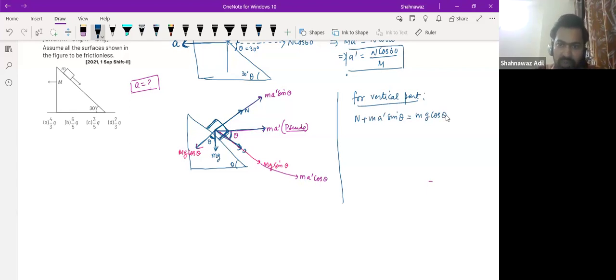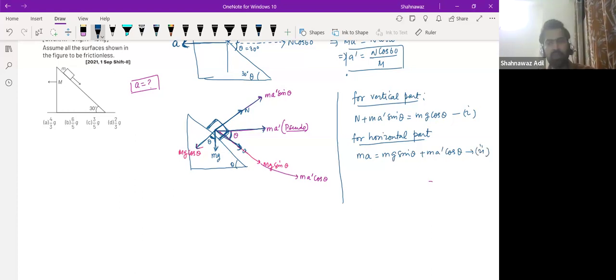This is the first equation. And for the horizontal part, we have MA equal to mg sine theta plus MA prime cos theta.